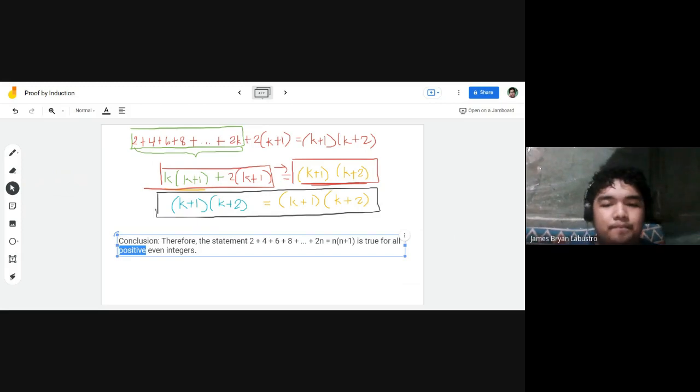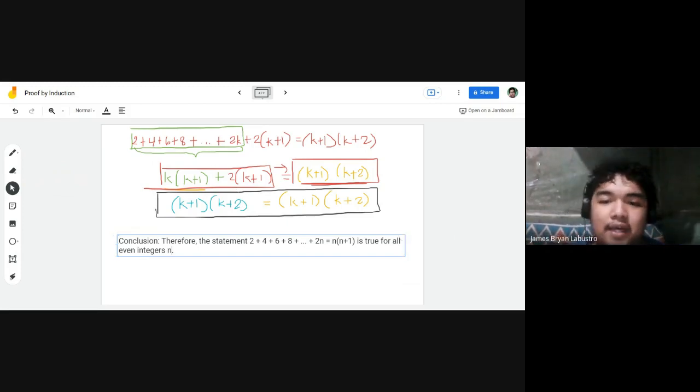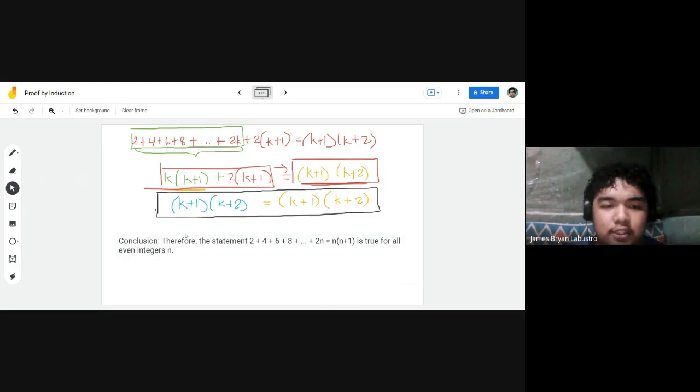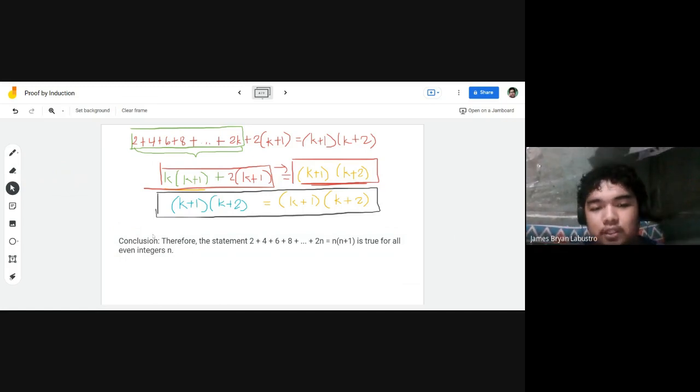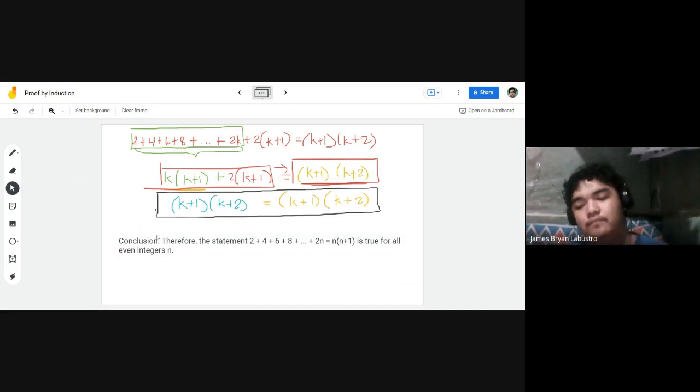Tama pala. Wait. Even integers n. So, kasi may n man. So, ganyan yung conclusion niya. Okay? So, what is the next one? Okay. So, that is our conclusion.